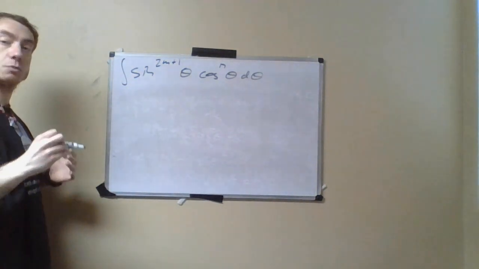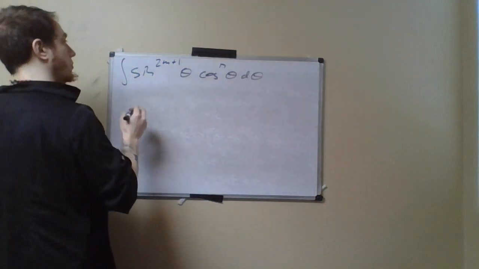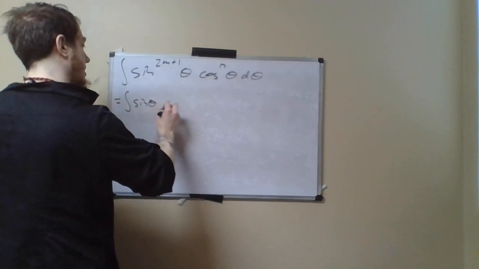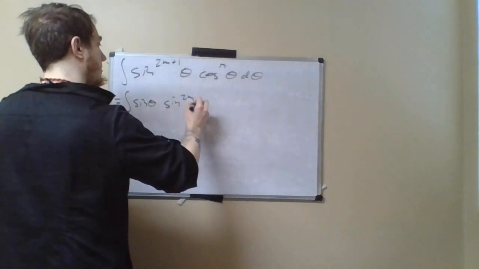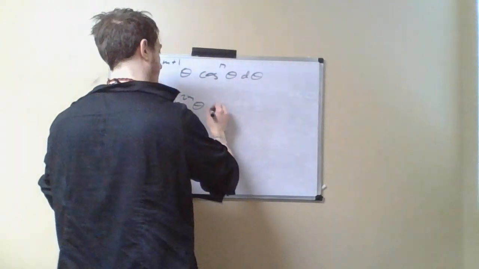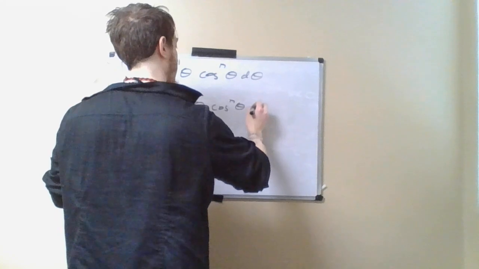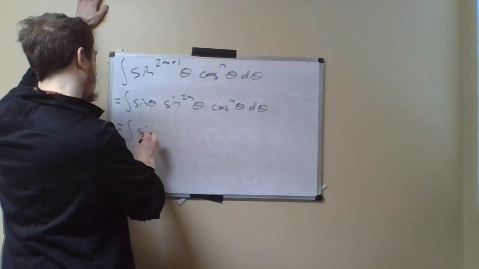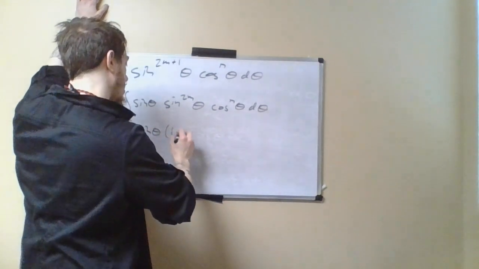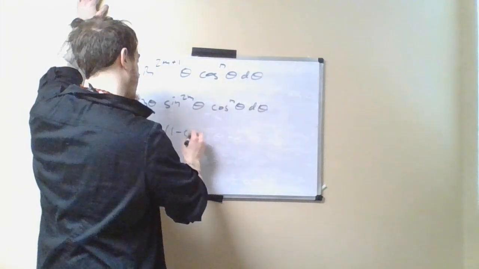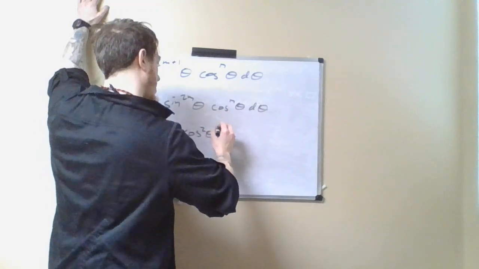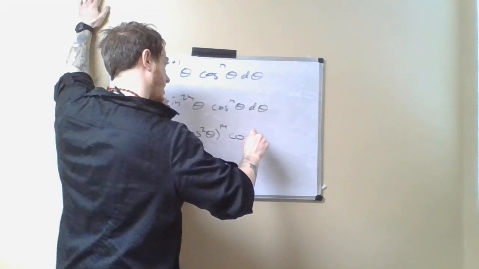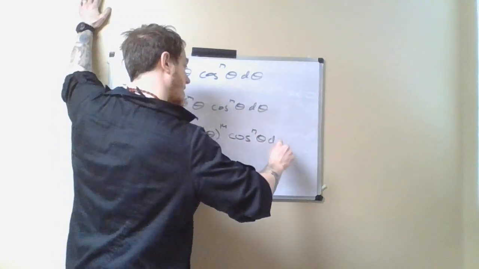This trick will always work because I can always rewrite this as the integral of sine theta sine to the 2m theta cosine to the n theta d theta. And I can rewrite this as the integral of sine theta times 1 minus cosine squared theta raised to the mth power, times cosine to the n theta d theta.